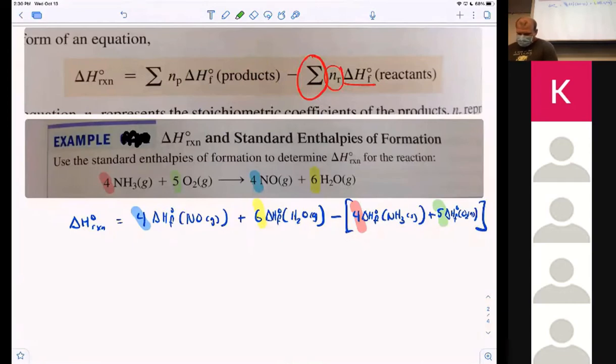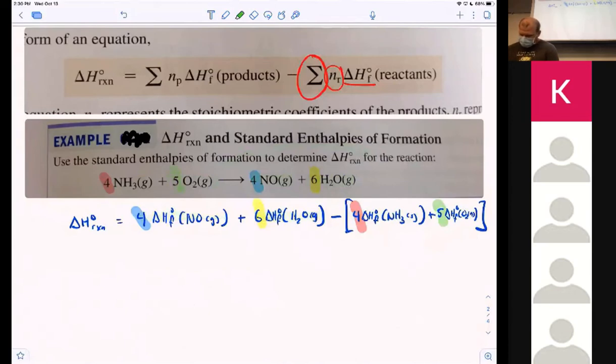And you can see that the products are this side of the equation, the right side, so they come first. 4 times the heat of formation of NO plus 6 times the heat of formation of water minus 4 times the heat of formation of ammonia plus 5, and that quantity within, 5 times the heat of formation of oxygen. So let me get rid of all these green lines.